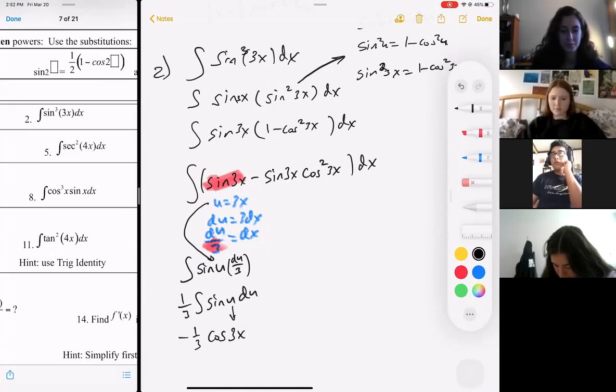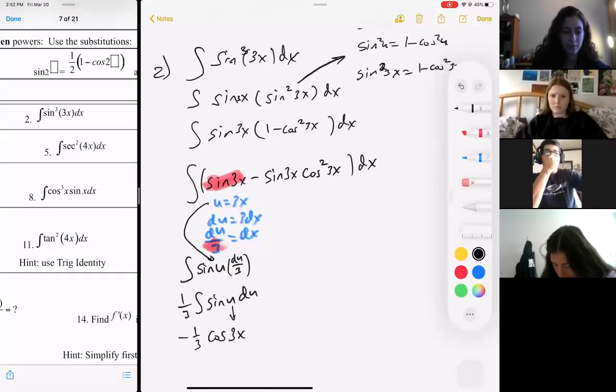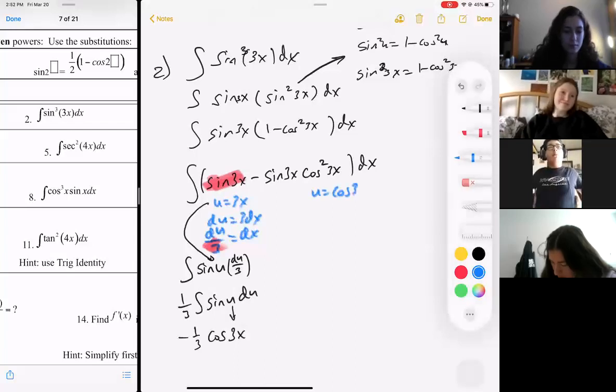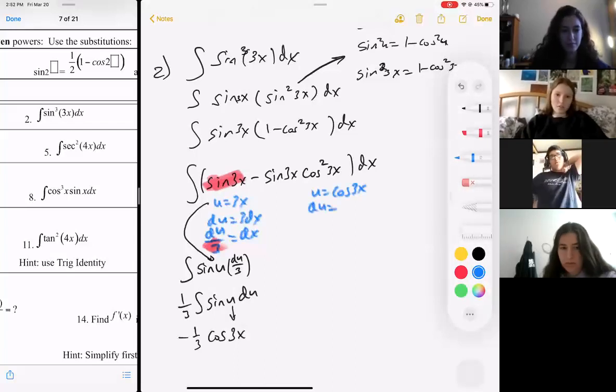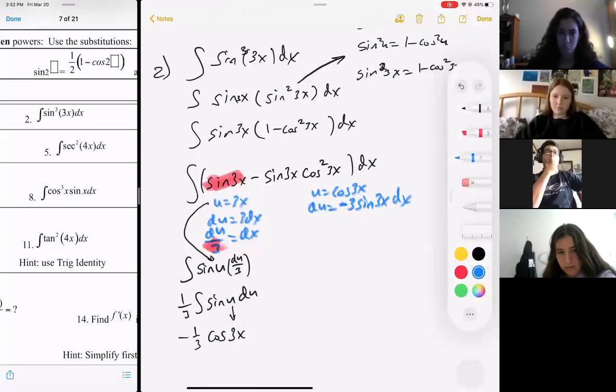On the right side, we're stuck with sine cosine squared. And this is back to u substitution. If I say u is equal to cosine of 3x, du is negative 3 sine 3x dx. dx is equal to du over negative 3 sine 3x.